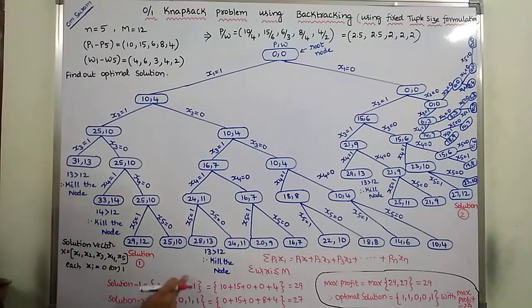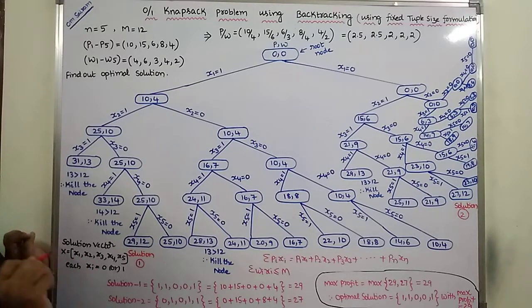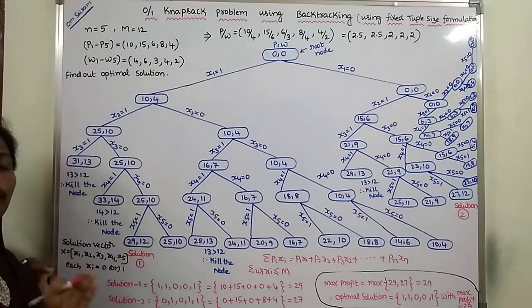For example, this is one solution vector: 1 1 0 0 1. That means x1 is equal to 1, x2 is equal to 1, x3 is equal to 0, x4 is equal to 0, x5 is equal to 1. Each xi can take either the value 0 or the value 1. xi equal to 0 means that object is not considered, and xi equal to 1 means that object is considered.